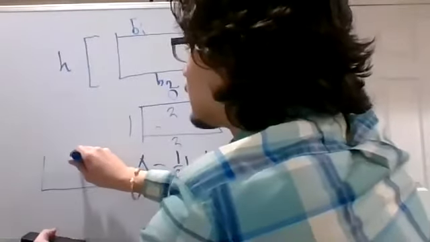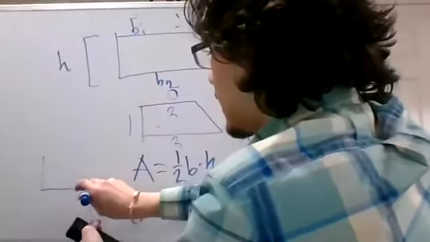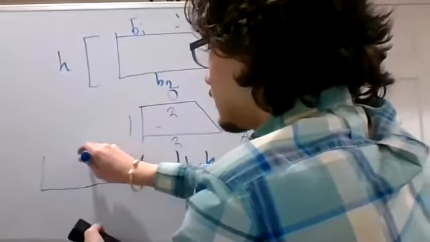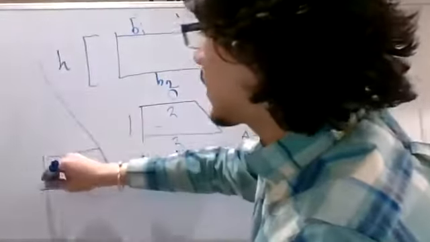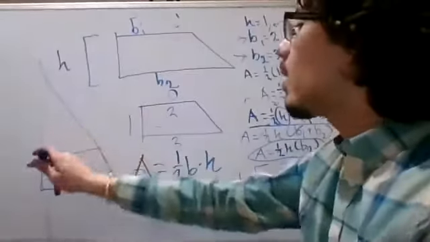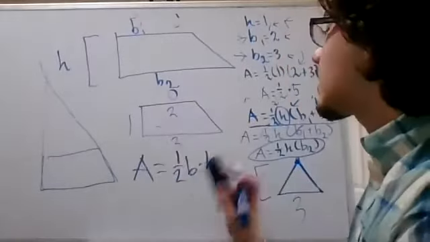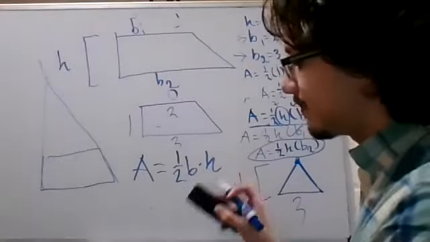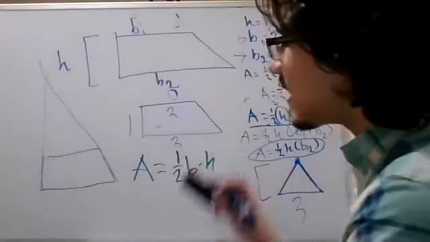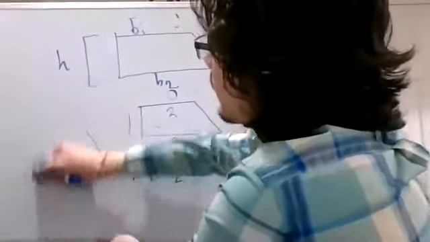So if we draw out our trapezoid, that means that we can draw this line going forever, and we can draw this line, and we see that we have a right triangle. So that's what our trapezoids are describing in a sense. They are just one big triangle with the top cut off. And that's why the trapezoid equation looks like the triangle equation.